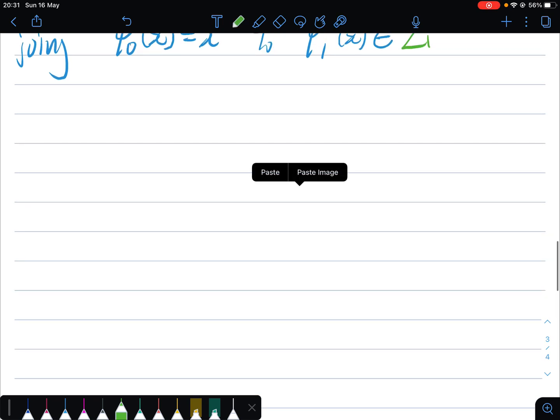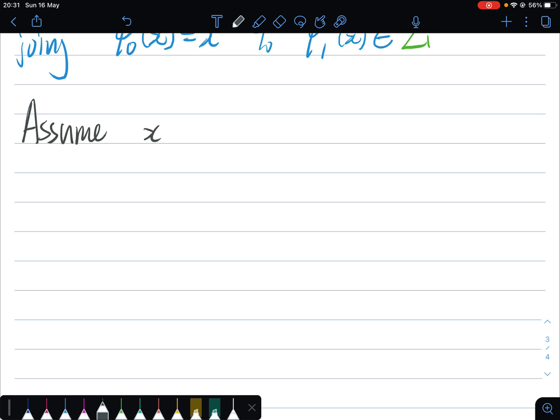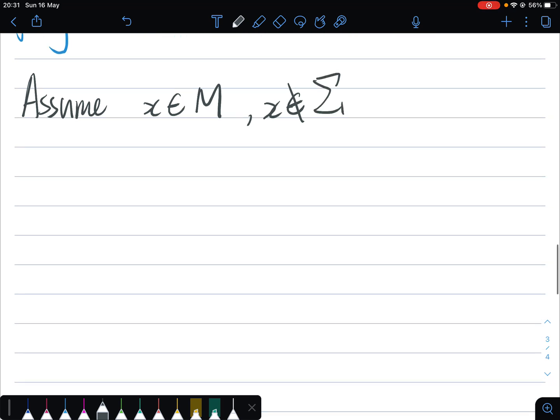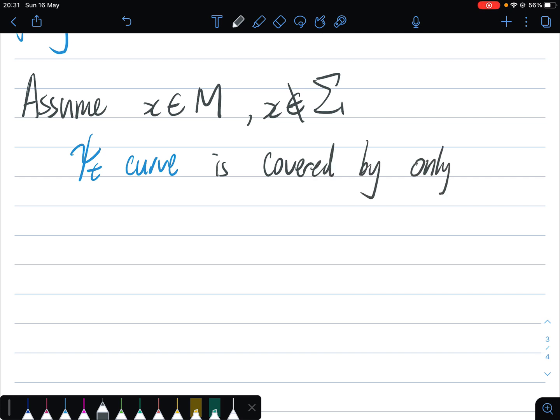And now, just in this part, we will assume x belongs to the manifold M, but x does not belong to the submanifold sigma. Another more important assumption is that the psi curve is covered by only one parametrization.